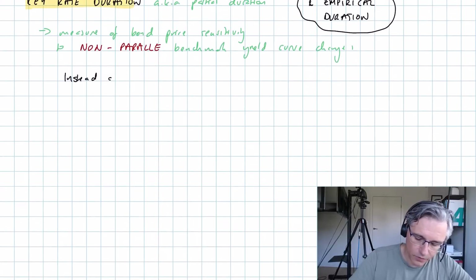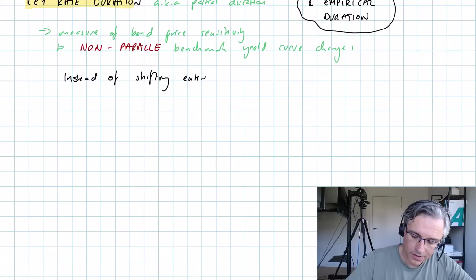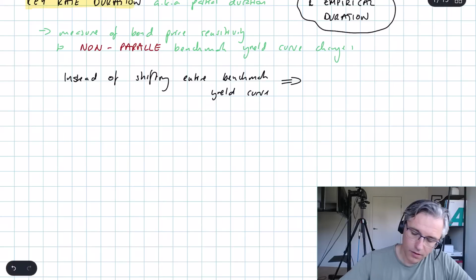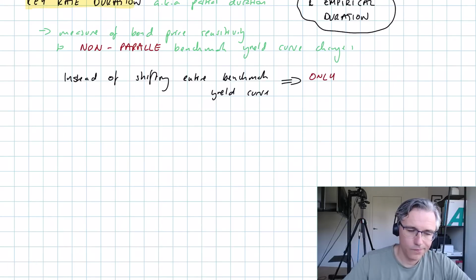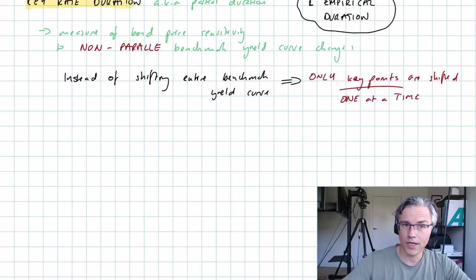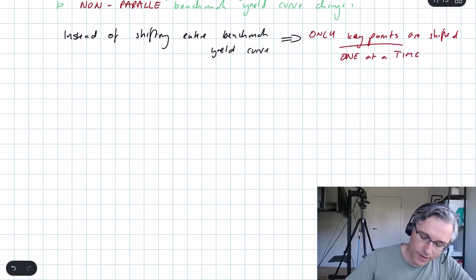Instead of shifting the entire benchmark yield curve by the same amount everywhere, we only shift key points. Key points are shifted, and we do these key point shifts one at a time, and we see what happens to the value of the bond or our portfolio.